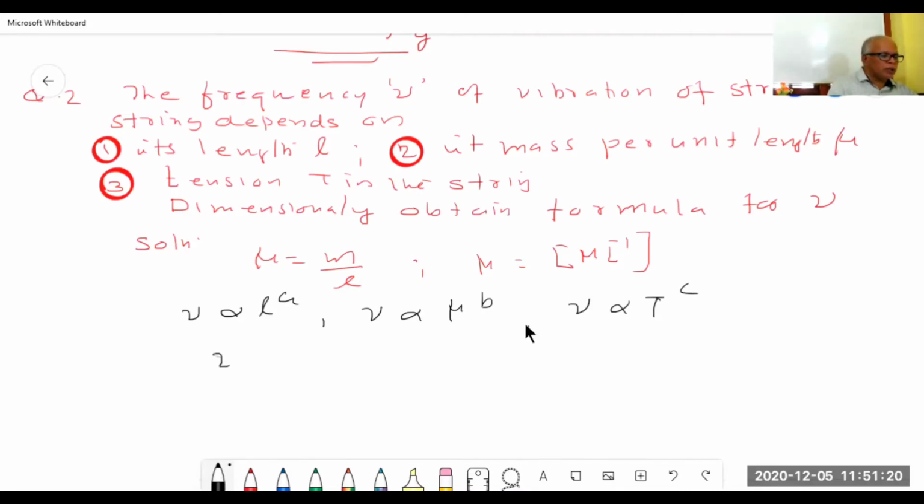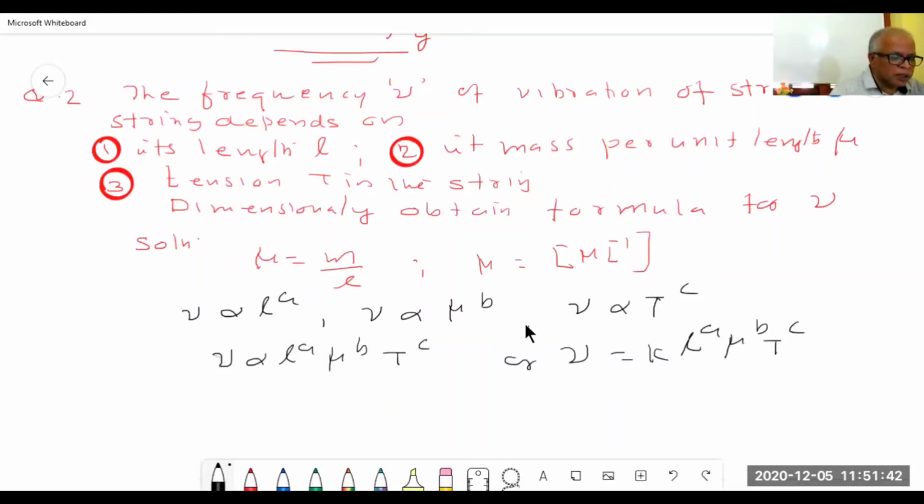Therefore, nu is proportional to L raised to A, mu raised to B, T raised to C, where T is tension force. Or nu is equal to some dimensionless constant K, L raised to A, mu raised to B, T raised to C. T is for tension force, remember it, not period.